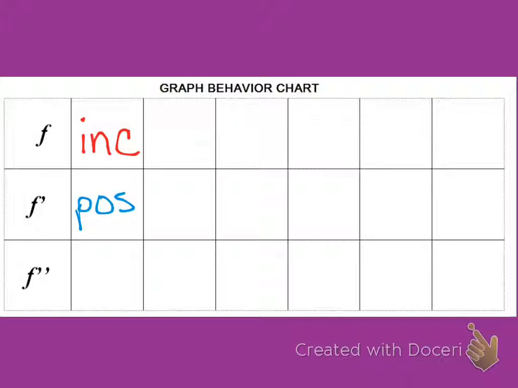And I also know that f is decreasing wherever f prime is negative or below the x-axis. So for f prime to go from being positive to negative, it must pass the x-axis, which means that it has an x-intercept there. That means it will be equal to 0.